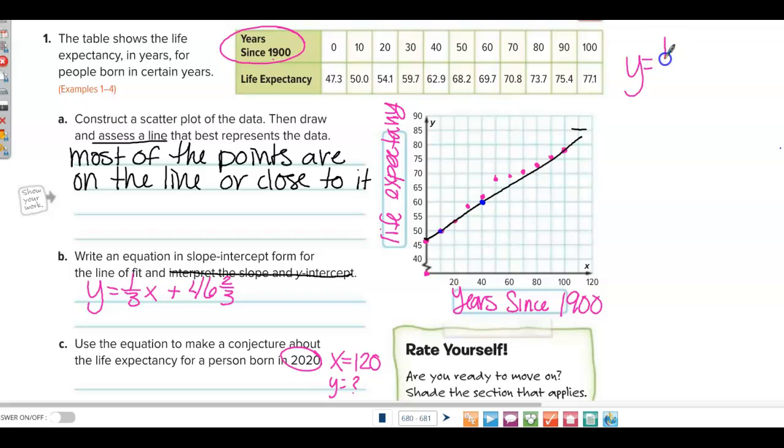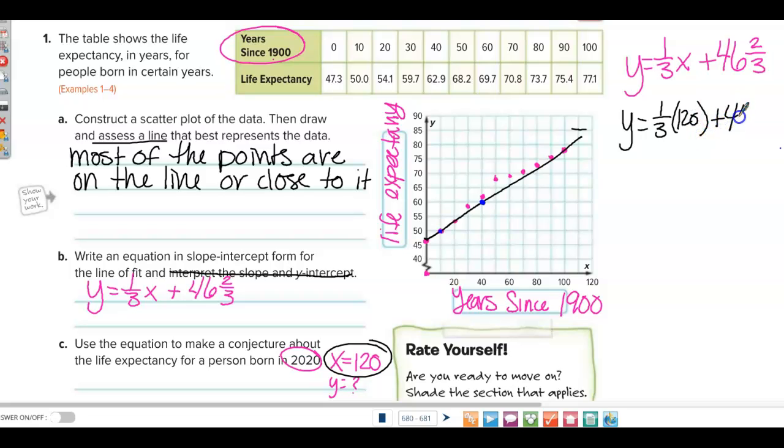Y equals 1/3 x plus 46 2/3. But I'm going to replace my x now with 120. So y equals 1/3 times 120 plus 46 2/3.